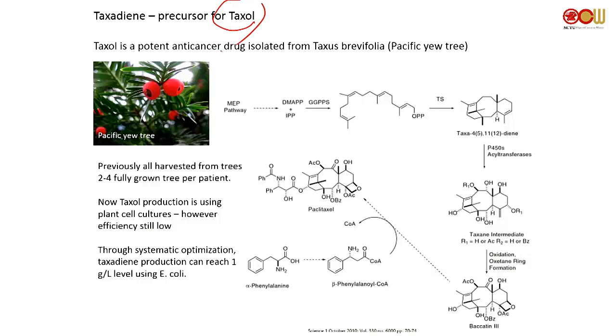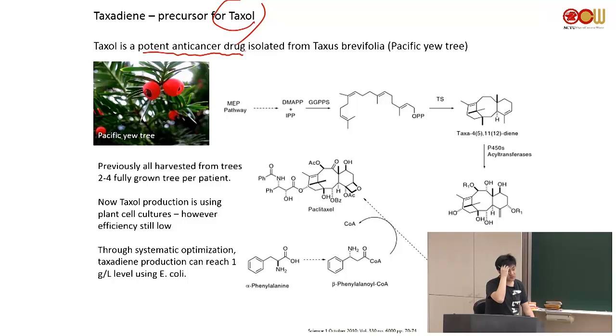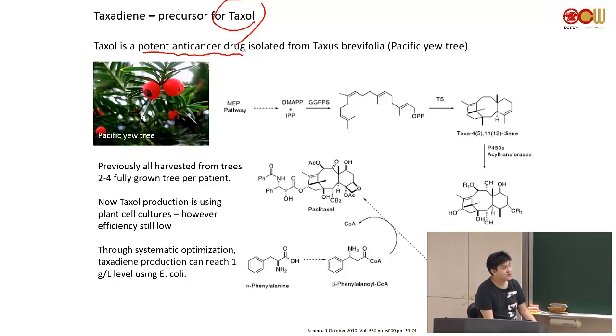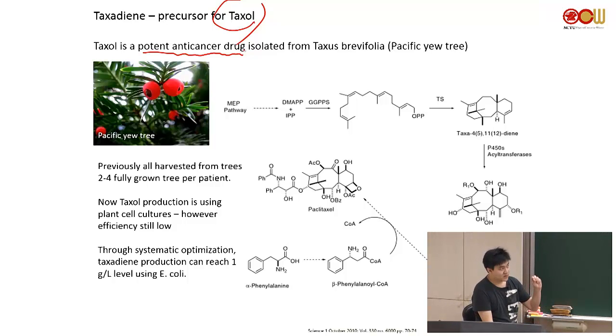Taxol. Taxol is one of the frontline anti-cancer drugs, a very potent one. Unfortunately, if patients are diagnosed with cancer, a lot of times they will have to go through chemotherapy, and one of the most potent drugs for chemo is Taxol.